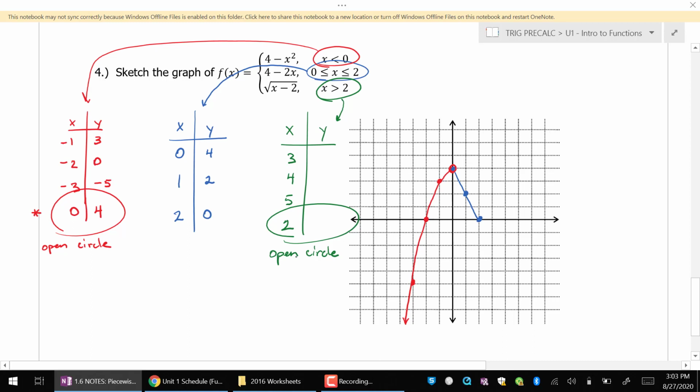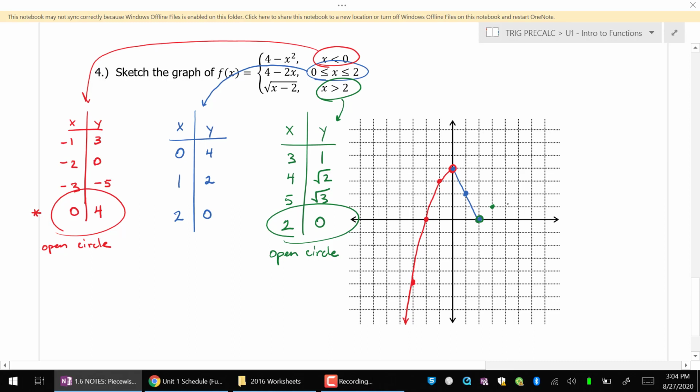Okay, plug in 3, and we'll get a 1. Plug in 4, we'll get a root 2. Plug in 5, we'll get root 3. And finally plug in a 2, and we'll get a 0. And 2, 0 is already filled in, so I'll just maybe circle that as a reminder that it's a shared point. 2, 0. So 3, 1, and then 4, root 2, so a little bit greater than 1.